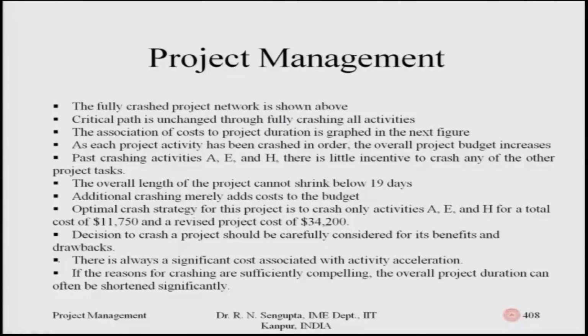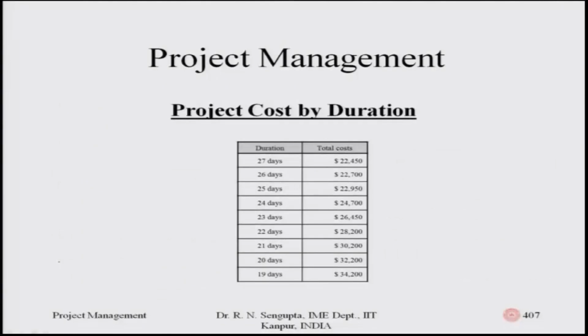Optimal crash strategy for this project is to crash only activities A, E and H for a total cost of 11,750, and the revised project cost now becomes 34,200, which means that if I go back to the last slide, the initial cost was 22,450. The actual cost now after the reduction of the number of days to 19, as shown in the last row, is 34,200.